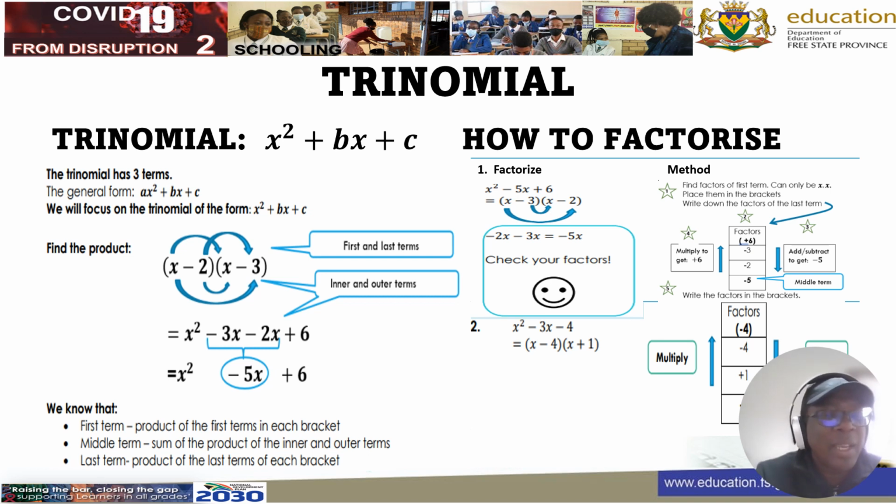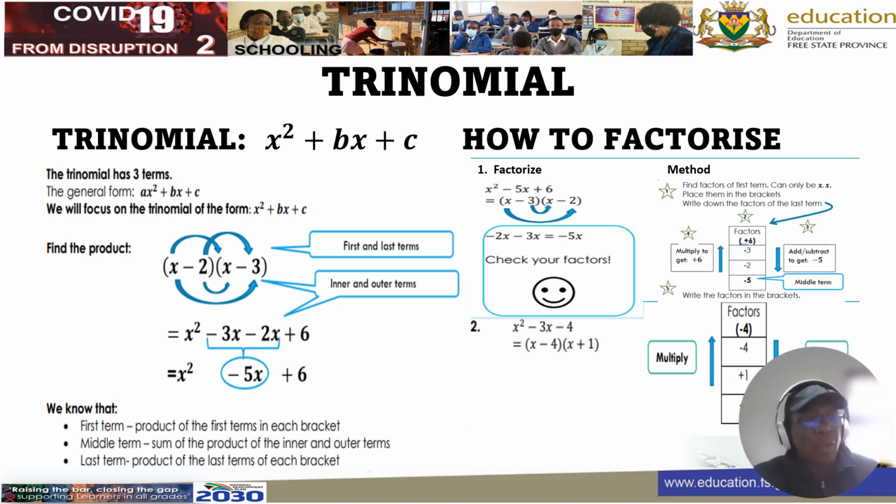And we multiply the last terms: negative 2 by negative 3 is positive 6. Therefore, when we add minus 3x and minus 2x, it is minus 5x. Therefore, the product of the expression is x squared minus 5x plus 6.